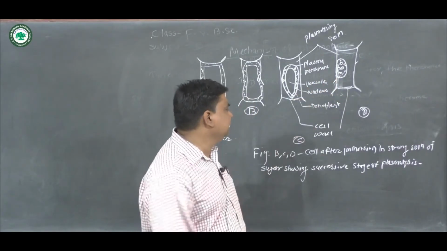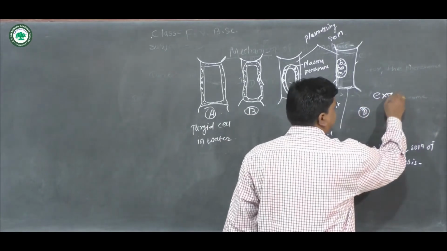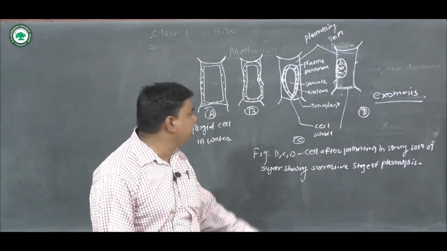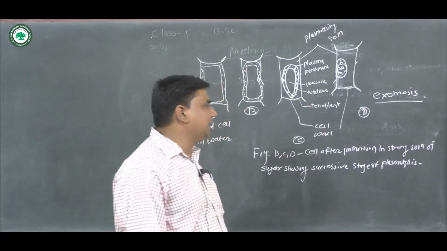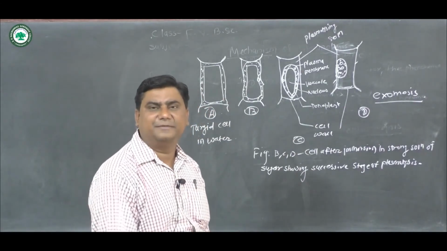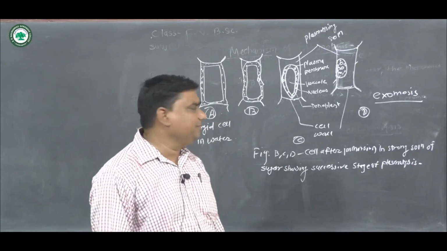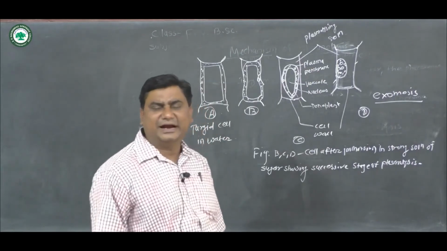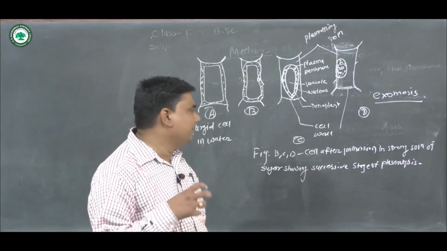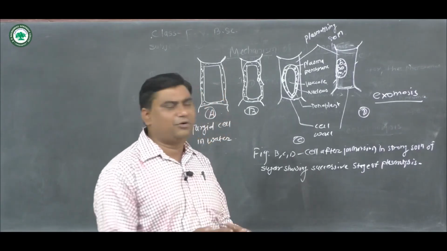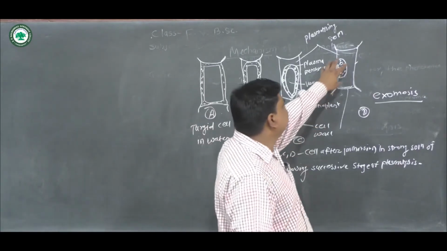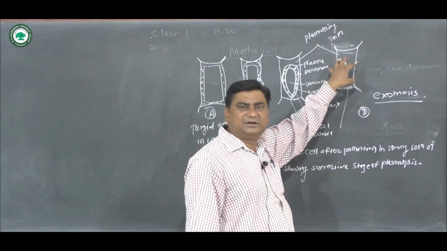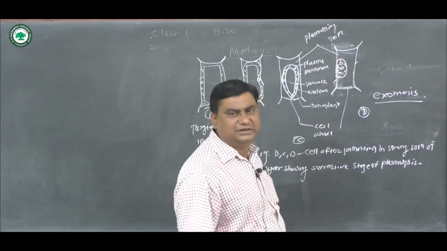Due to continuous exosmosis, the shrinkage of the cell and the cytoplasm reaches the maximum limit. Further shrinkage in volume is not possible.